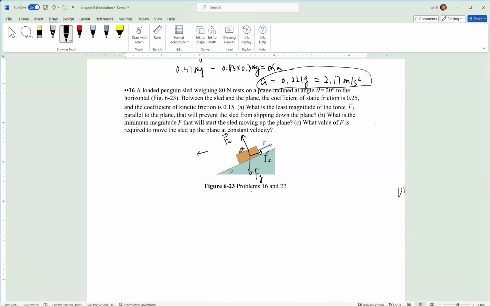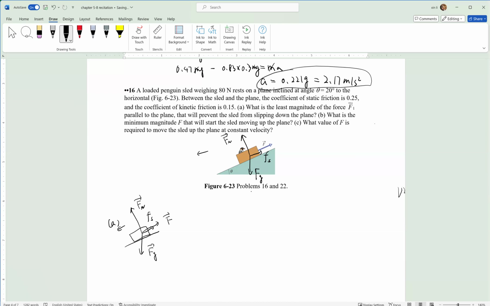So for A, we are going to have our F this way, our Fg this way, and our normal force this way. The sled will be sliding down, so we are going to have our maximal static friction here.